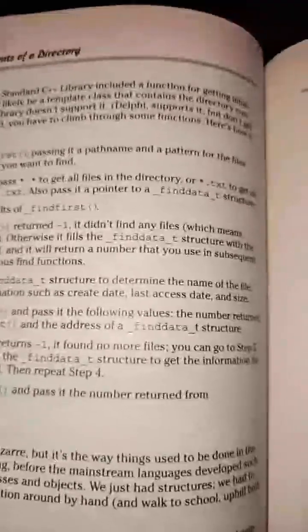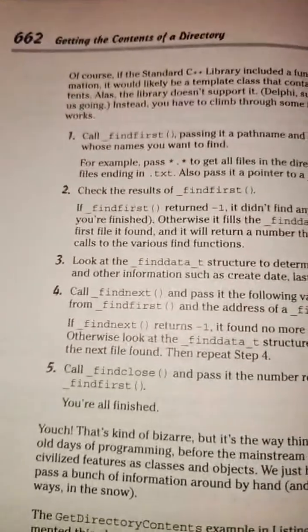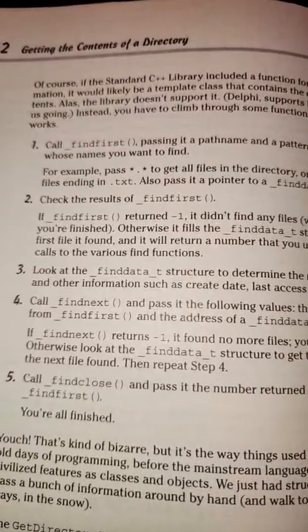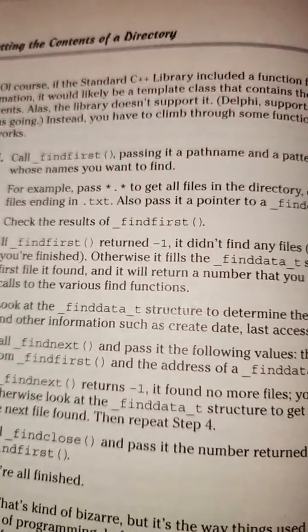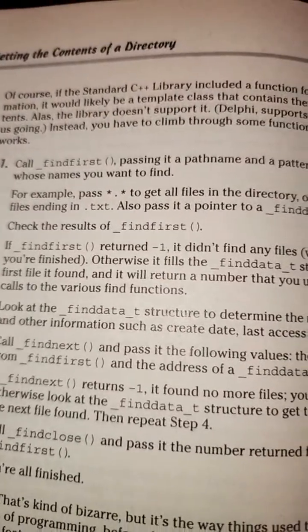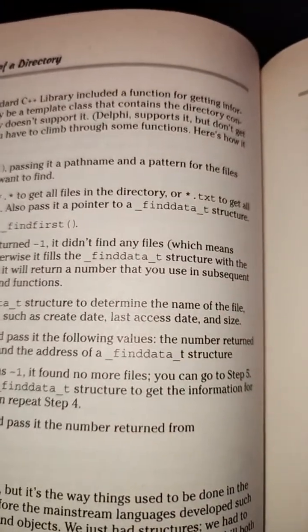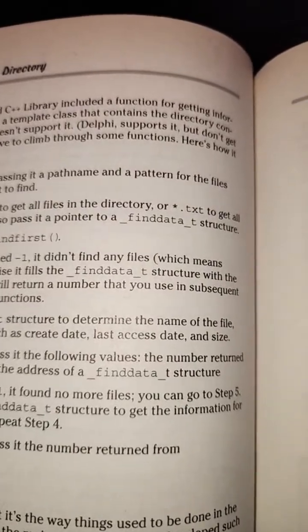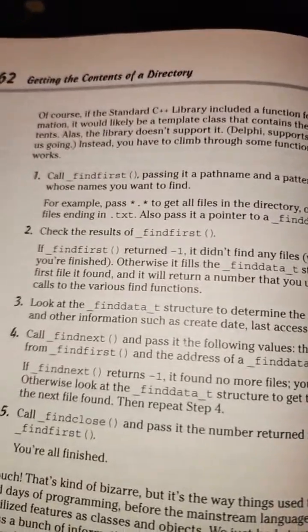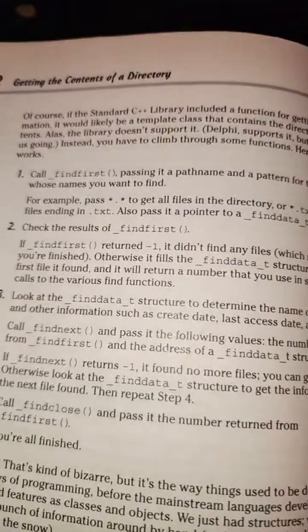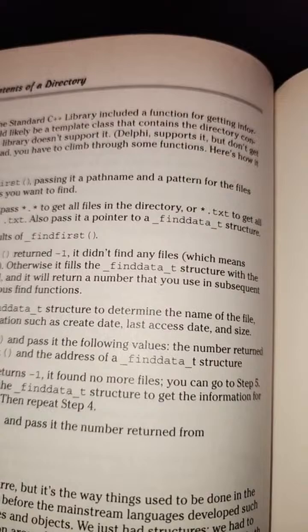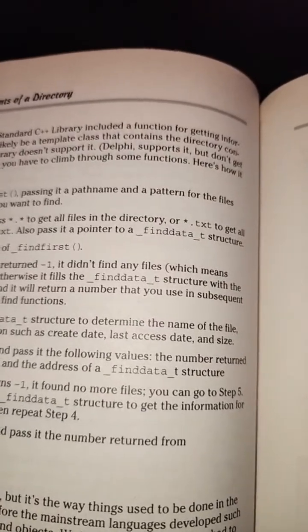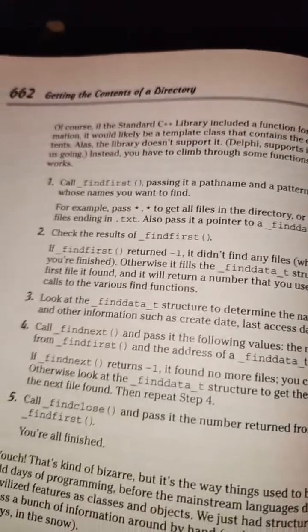1. Call _findfirst, passing in a path name and a pattern for the files whose names you want to find. For example, pass *.* to get all files in the directory, or *.txt to get all files ending in .txt. Also pass it a pointer to a _finddata_t structure. 2.